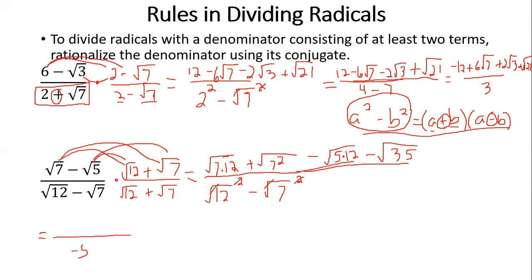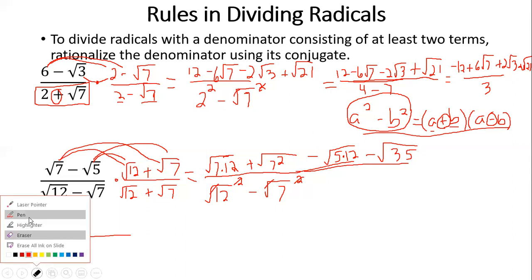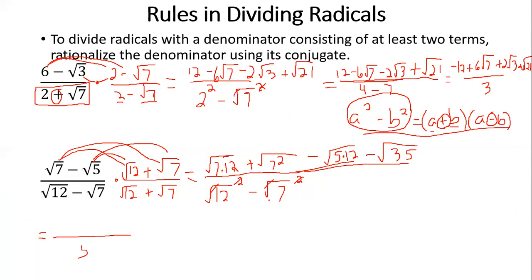Okay. So, hindi na po magiging negative yan. Bagkus magiging positive. So, 12 minus 7, that will be equivalent to positive 5. Ayan. Bakit po iniwan ko na 7 times 12 yun nandito? Kasi po yung 12, pwede po natin i-simplify yan. That is equivalent to 4 times 3. Okay. So, just to show you.